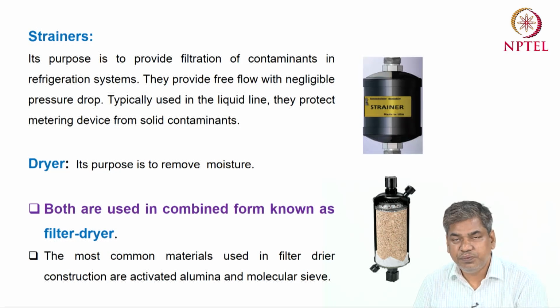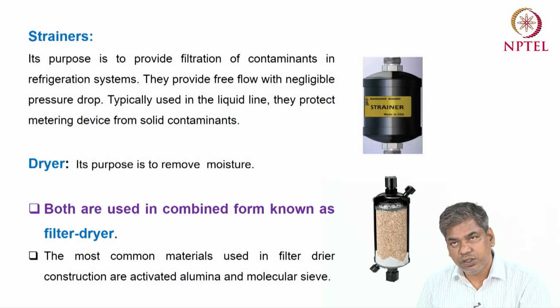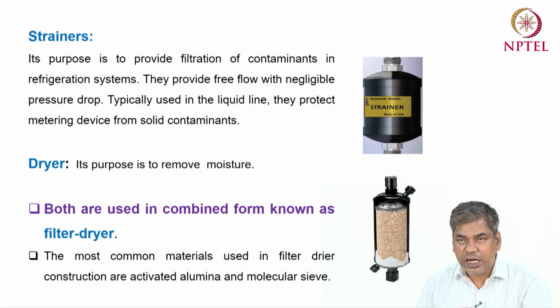In general, for the refrigeration system, the strainer and dryer can be made into a single component called the filter dryer, which removes both the solid contaminants and the moisture from the refrigerant. In most cases this is used as a combined component.